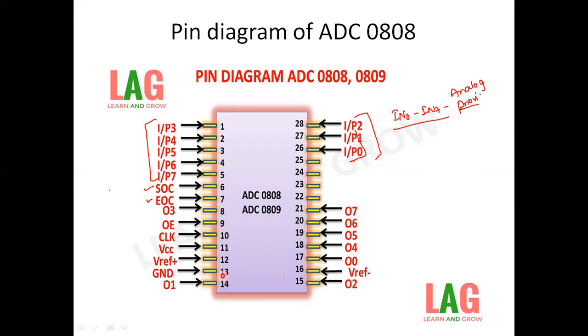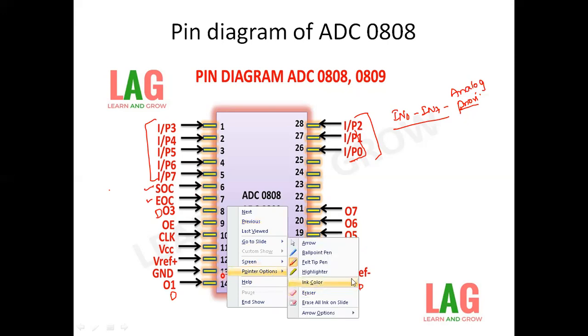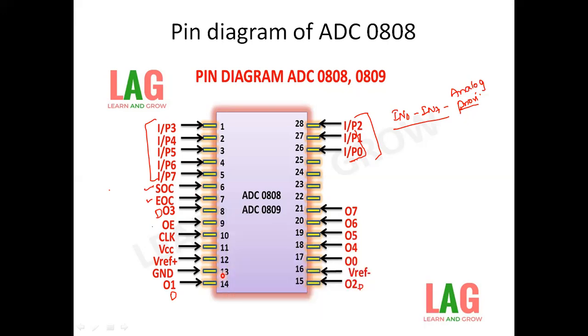Here you can see D0 to D7. This third pin is D0, then D1, D2, D3, and 4, 5, 6, 7.